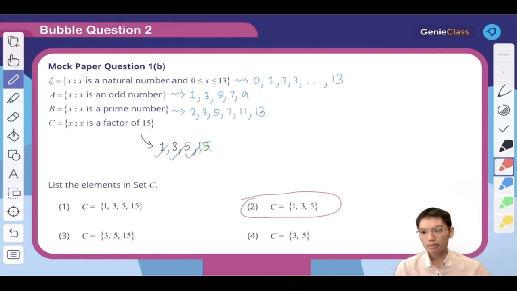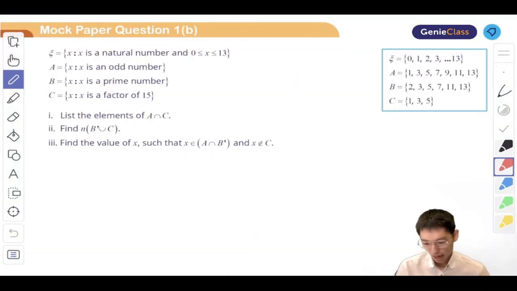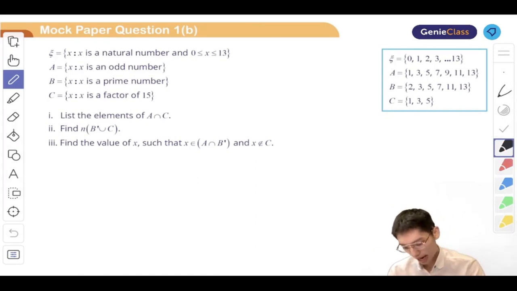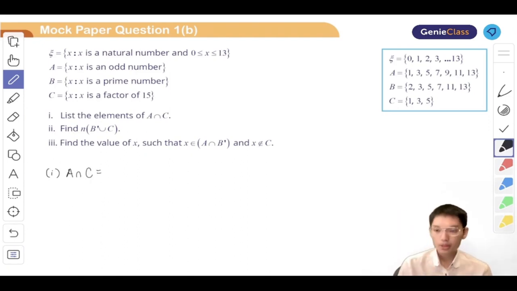So just take note over there, that's how we tackle this question. Alright, so next up, what are we going to do? This is actually a mock paper question for your part C. The sets are labeled there nicely for you. Let's focus on this. List down the elements of A intersect C. What this means is I'm finding the elements that are in common.